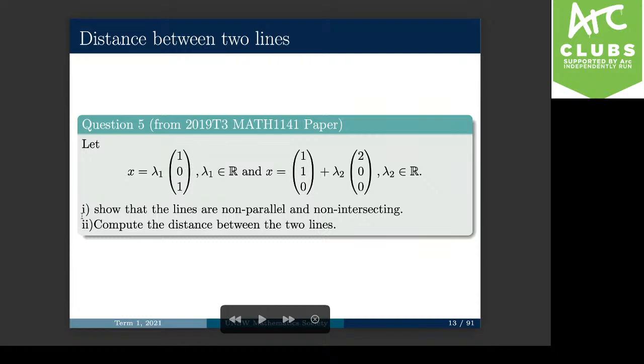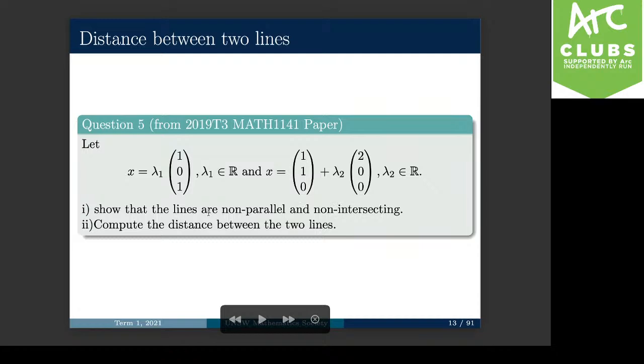So first part, given, let x equals lambda 1 (1, 0, 1), and then we have the line here, (1, 1, 0) plus lambda 2 (2, 0, 0). And we're trying to show that the lines are non-parallel and non-intersecting.